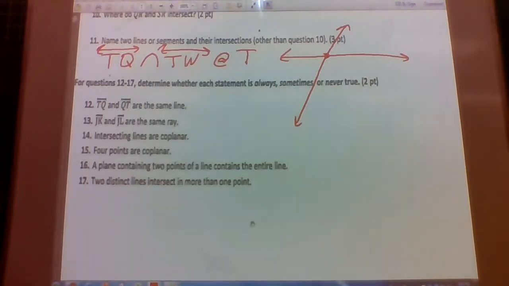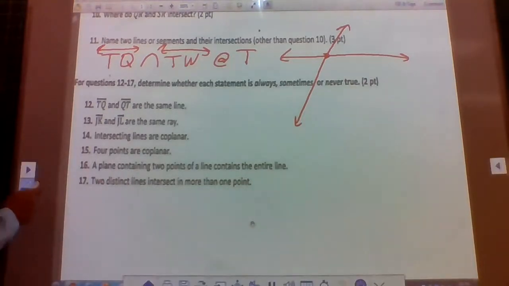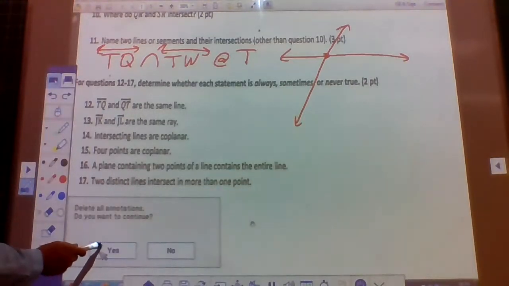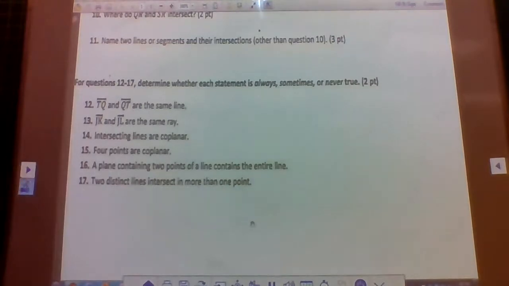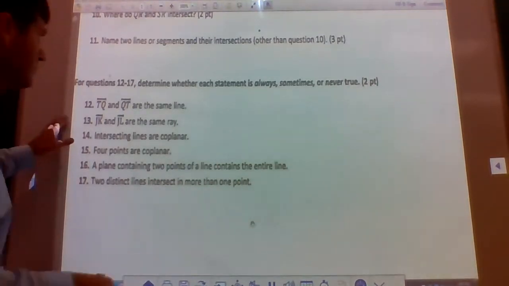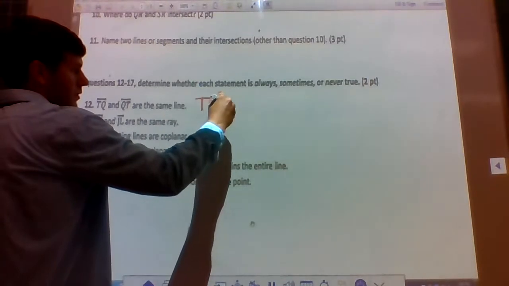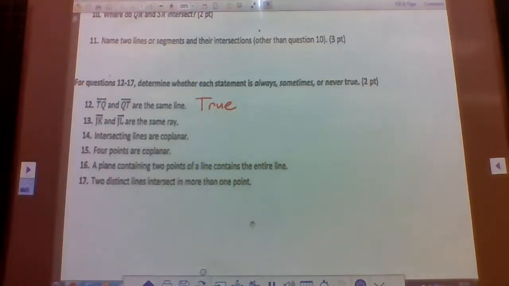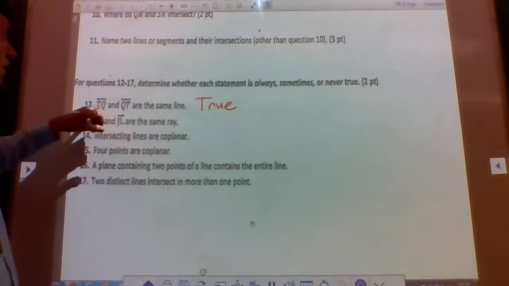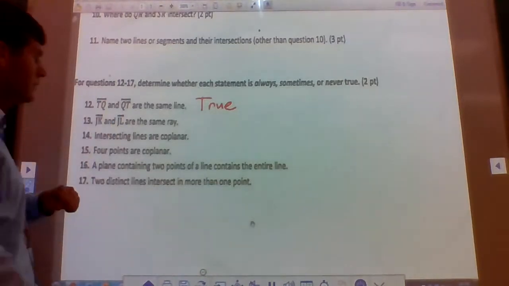All right. Then here we have always, sometimes, or never true. Okay. Line TQ and line QT are the same line. We don't even need to look at the diagram. That's true. These are all separate. So we know line TQ and line QT are the same.